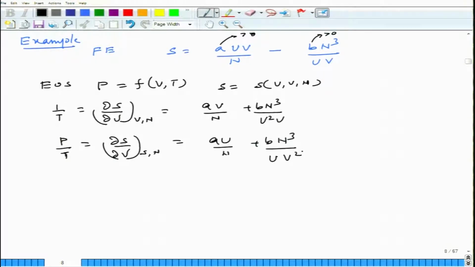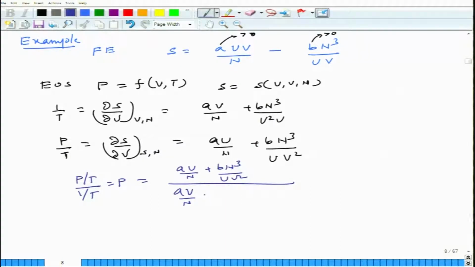Okay. So, now with this equation you can take the ratio of P by T divided by 1 by T, which is nothing but P, and this can now be written as A U by N plus B N cubed by U V squared, divided by A V by N plus B N cubed U squared V. This, after rearranging, you should be able to get U by V. Okay.